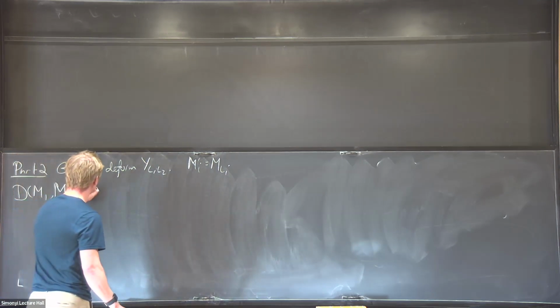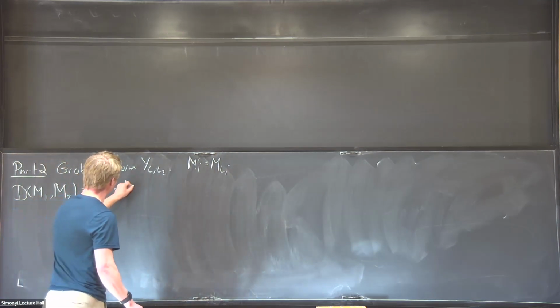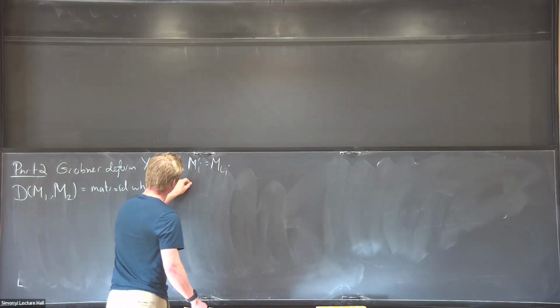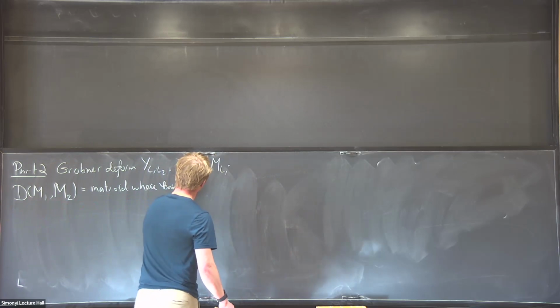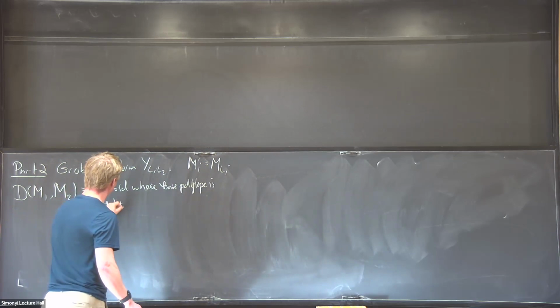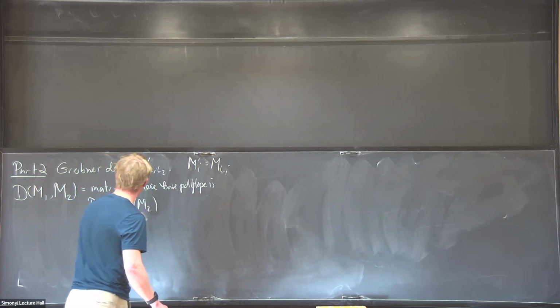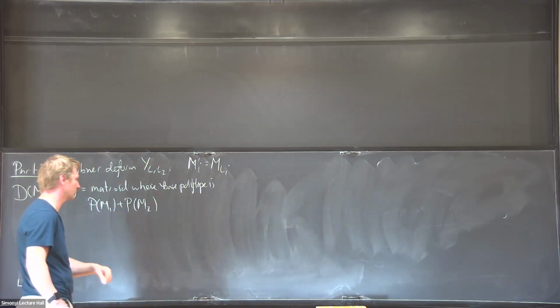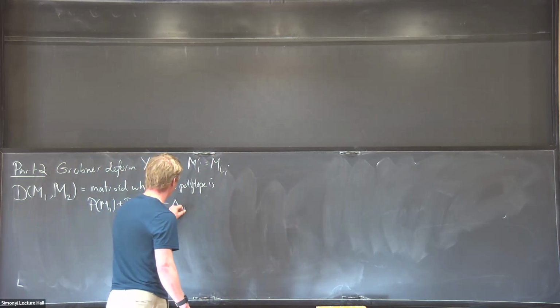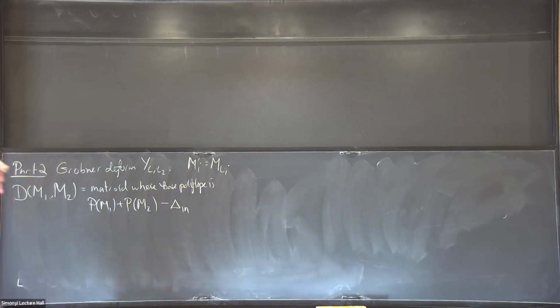So it is the matroid whose base polytope is the base polytope of M1 plus the base polytope of M2, Minkowski sum, and then minus a simplex here.